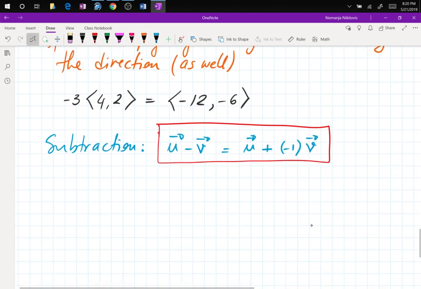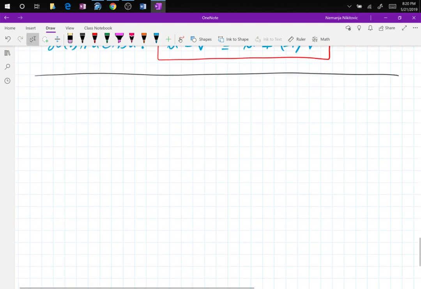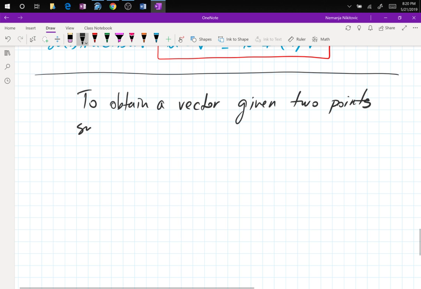All right. Have I missed anything other than properties? Okay, this is a good one. You'll definitely need this. To obtain a vector given 2 points, subtract the coordinates.